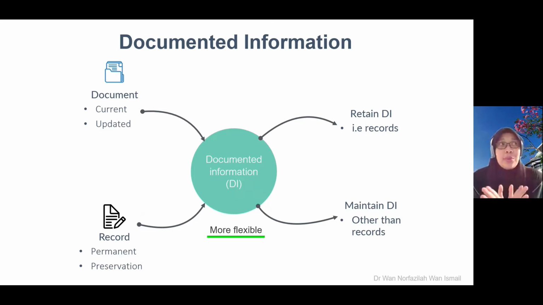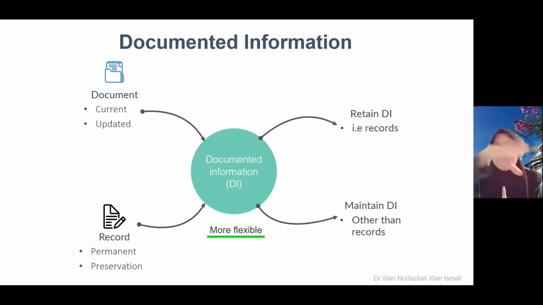I'm giving you one example why it is more flexible. A company has a company objective. For example, we need to achieve 90% customer satisfaction this year. That is one objective of the company.